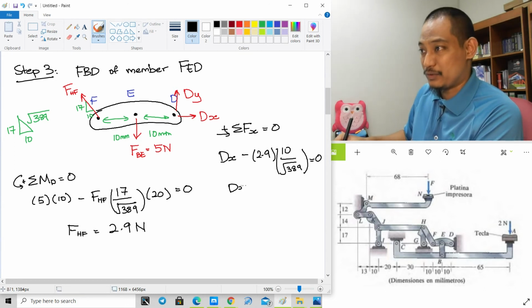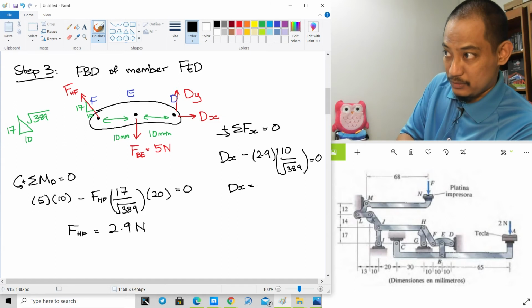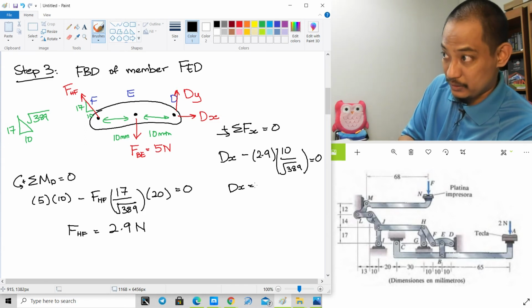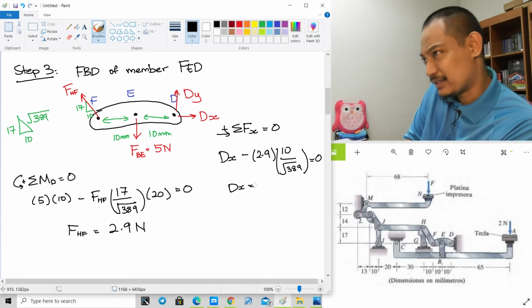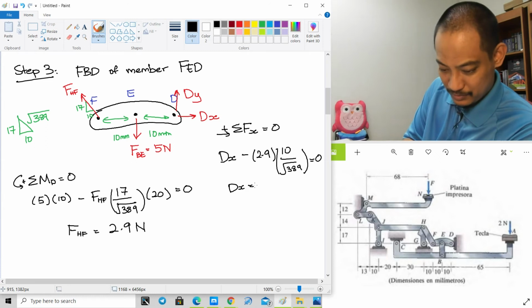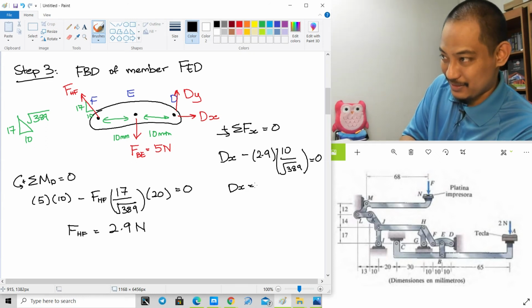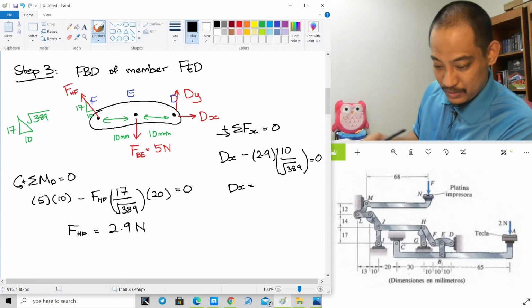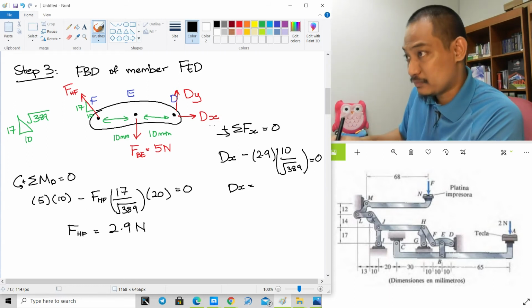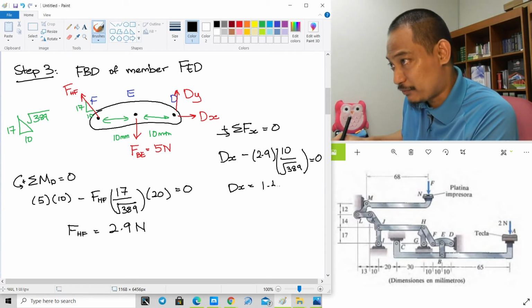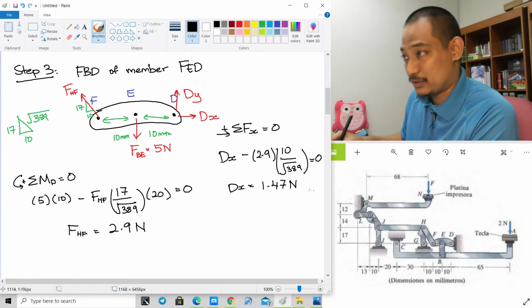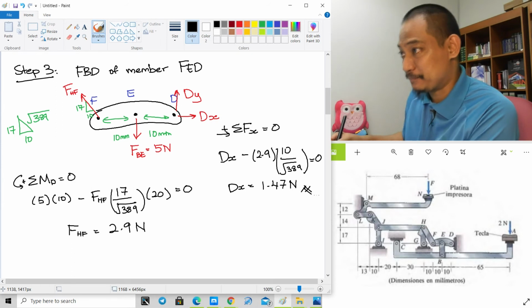So Dx will be 2.9 times 10 over square root of 389, so it's 1.47 Newton. Because the question asked for this, this is one of the answers.